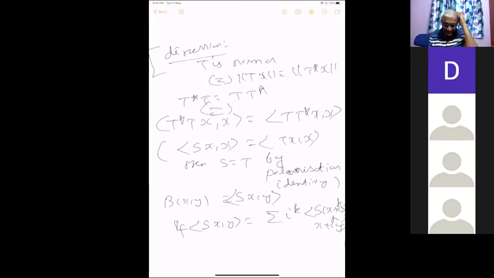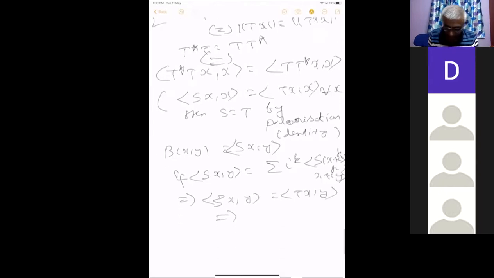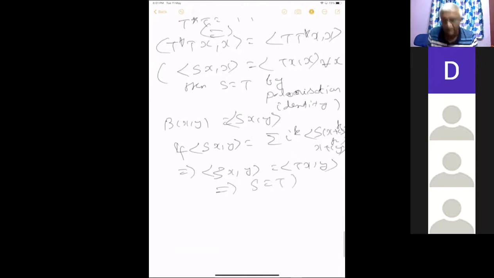So if <Sx,x> equals 0 for all x, then we imply S equals 0. If <Sx,x> equals <Tx,x>, then by the polarization identity it follows that <Sx,y> equals <Tx,y>. This is true for all x and y, so this implies S equals T.